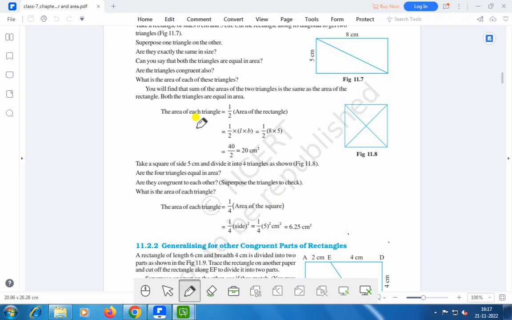area of a triangle is equal to half into base into height.